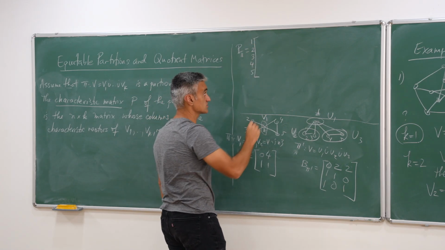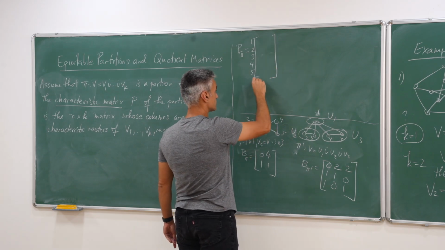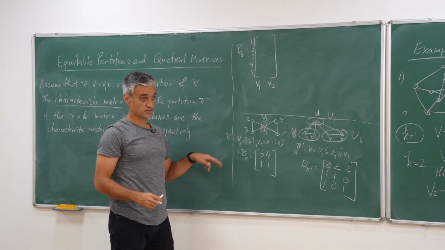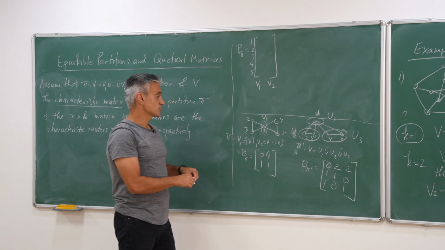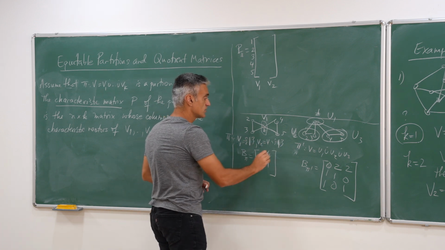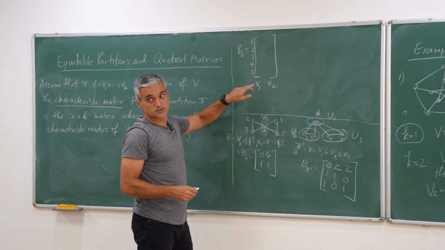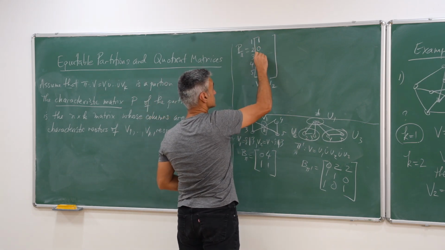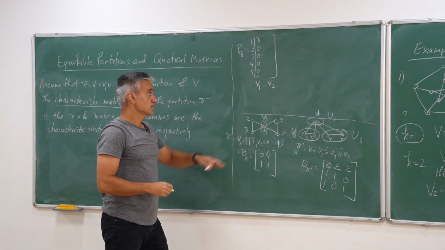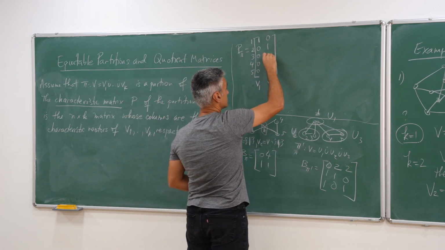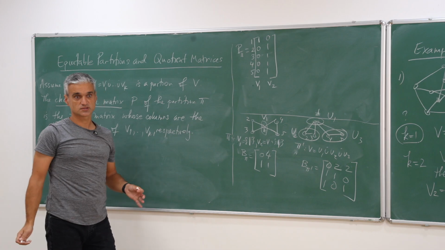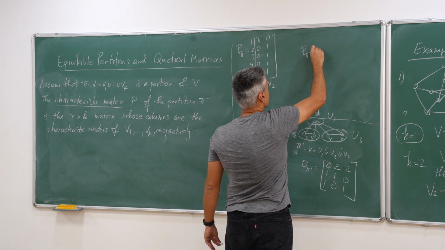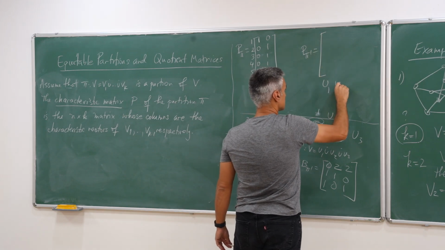So this is going to be a tall matrix. And the two columns are going to correspond to V1 and to V2, because I just have two parts, in general k parts. The characteristic vector of V1 is you just put a 1 where you have elements in V1. So in this case, it's just going to be 1, 0, 0, 0, 0. And the characteristic vector of V2 is this one. Okay, so it's nothing more than just a collection of these. And now here, P prime, the same thing. You have u1, u2, u3.